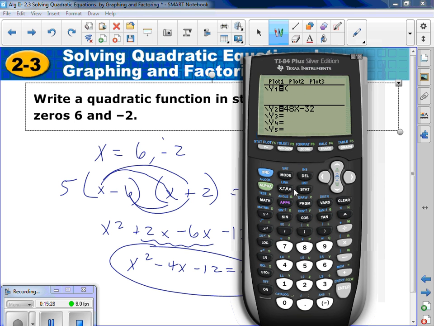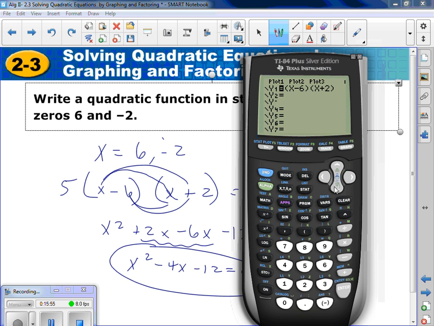I have x minus 6, x plus 2. There's my graph. There's the graph. It crosses at negative 2, and it crosses at 6.